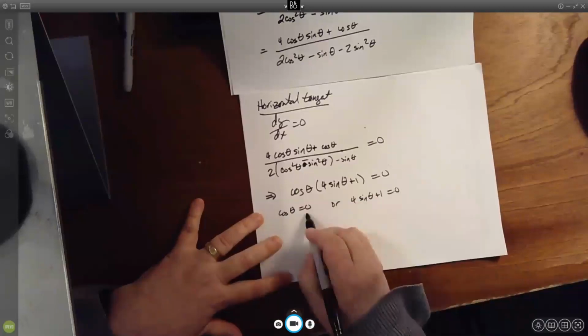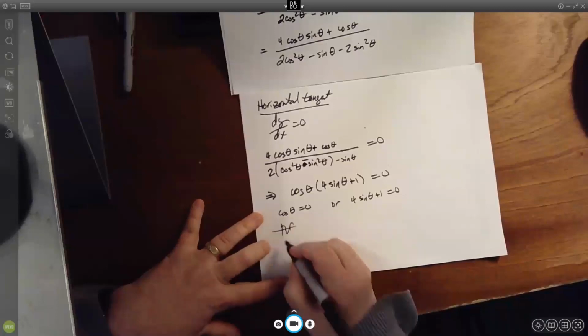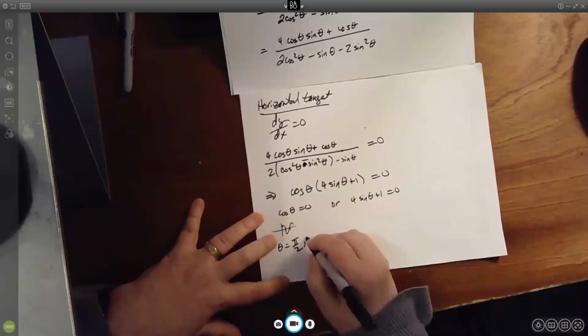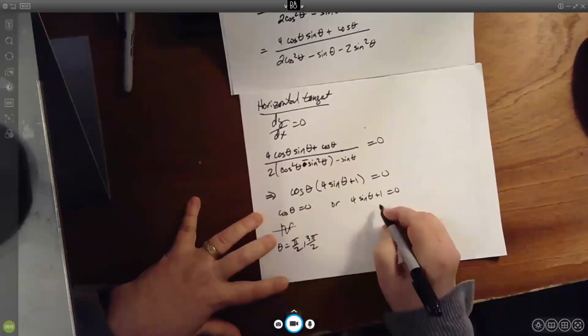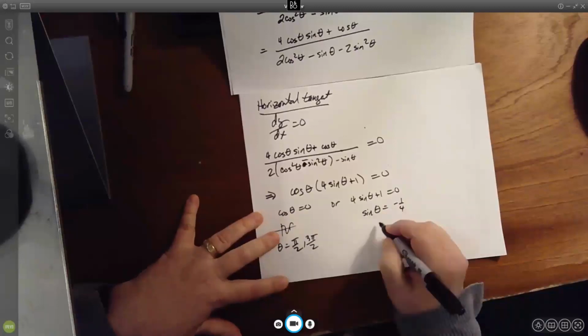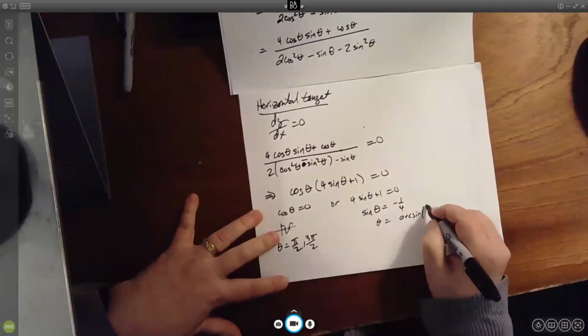Cosine equals 0 when theta equals pi over 2 and 3 pi over 2. And this one's not as pretty. Let's see. Sine of theta equals negative 1/4, theta is arcsine of negative 1/4.